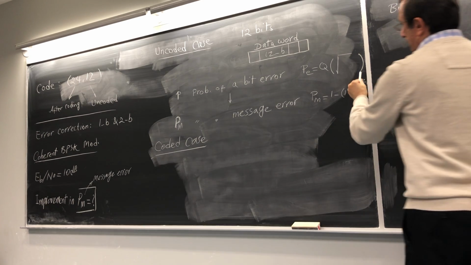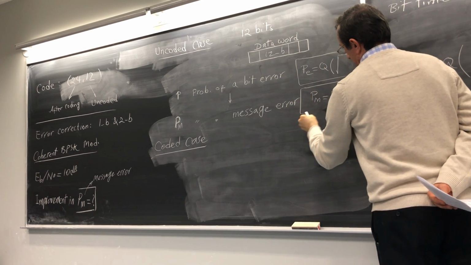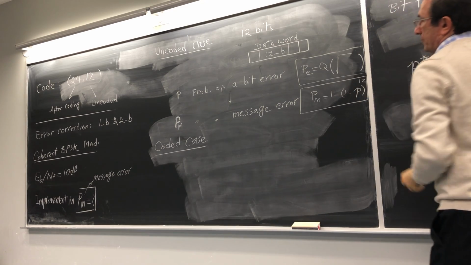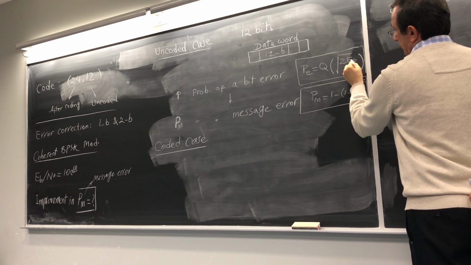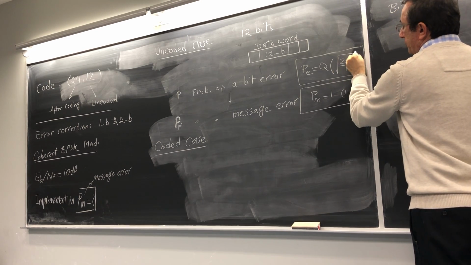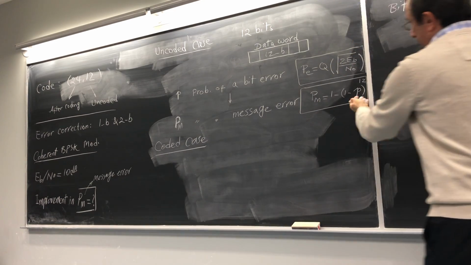So this was what we did. Eb over N naught was given. All we did was convert it from dB to an absolute number, right? And then we were at this point.